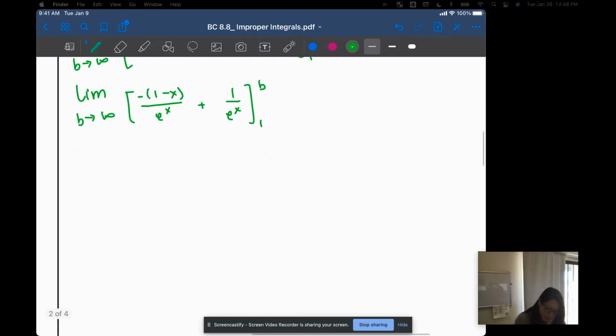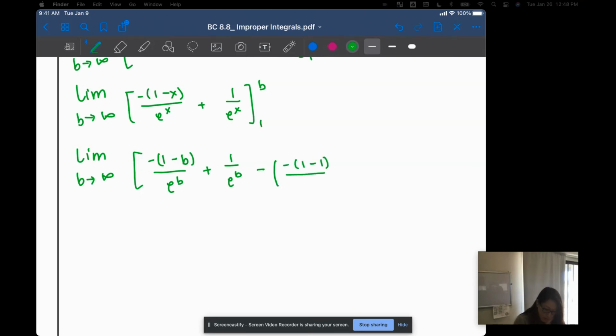Okay, I'm going to go ahead and substitute. So I have the limit as b approaches infinity of, okay, substitute in b. So -1 minus b over e to the b plus 1 over e to the b minus -1 minus 1 over e to the 1 plus 1 over e to the 1. Okay, and I am going to simplify.